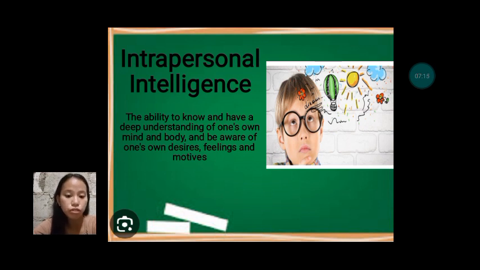People with intrapersonal intelligence can understand the basis for their own motivation and feelings. Examples of occupations: a psychologist, therapists, counselors, or wise elder monks.